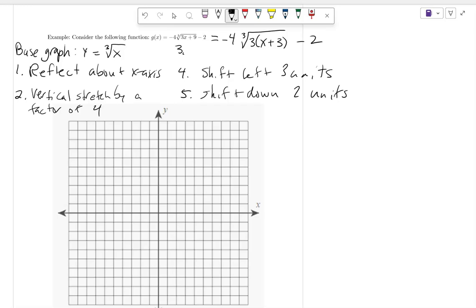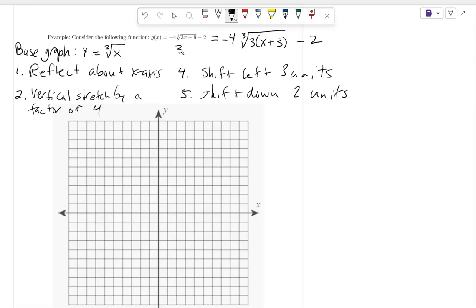On the outside, we had that 4. And we said we did a vertical stretch by a factor of 4. Right? Now I've got a 3 multiplied on the inside. Rather than being a stretch, this one's going to be a compression. It's going to be the opposite of what you would expect. Right?